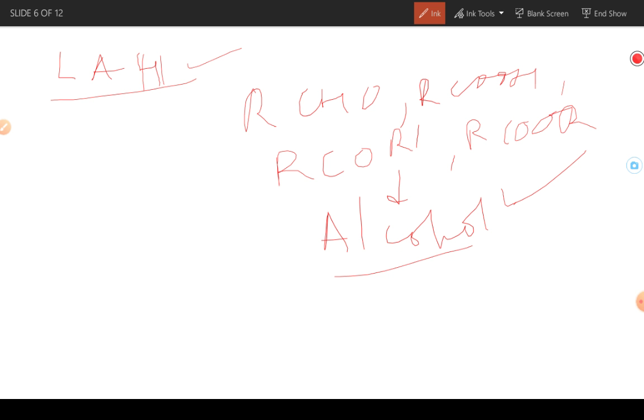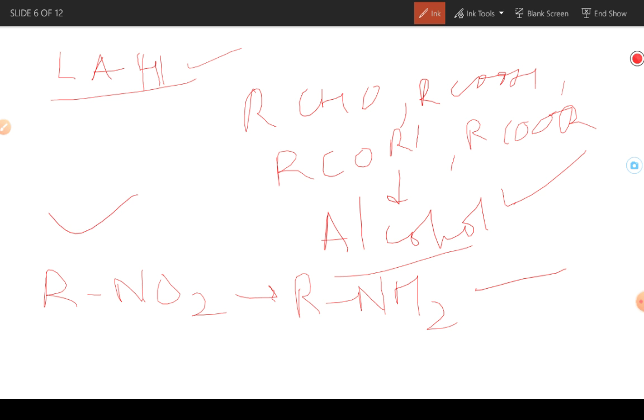Nitrogen compounds it converts into amines, where the double-bonded O is removed and you get amine from the nitrogen compound. One example of a nitrogen compound is RNO2, which it converts to RNH2. It is very important. It converts the nitrogen compounds into amines. These are very important reactions.